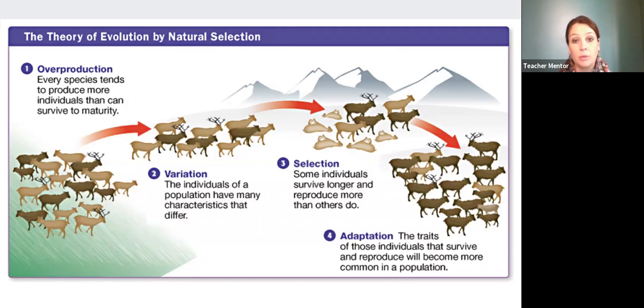And finally, number 4 is adaptation, where the traits of those individuals that survive and reproduce will become more common in the population. Within an elk herd, the antlers are pretty significant in reproduction. That's pretty interesting.